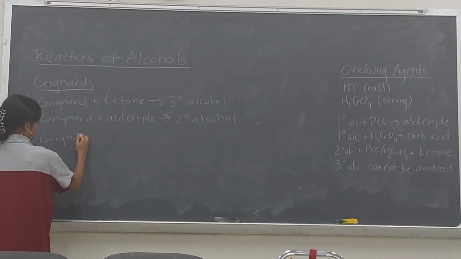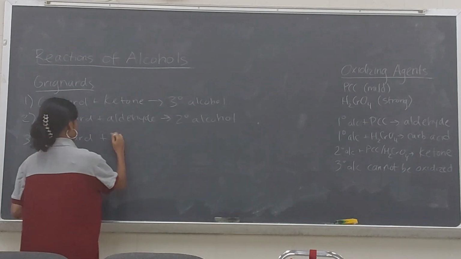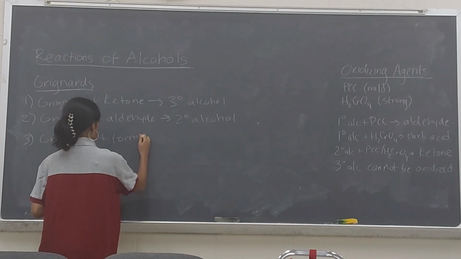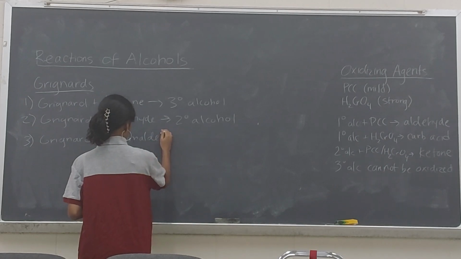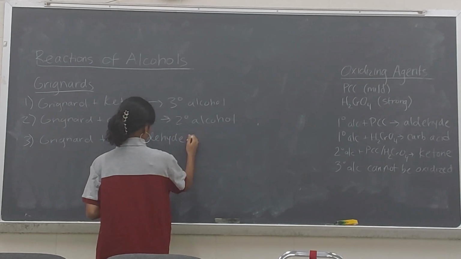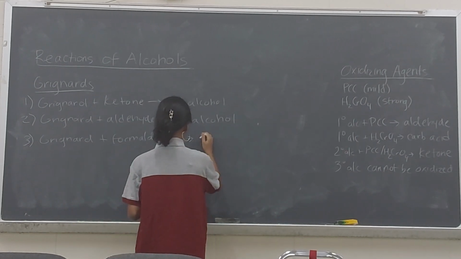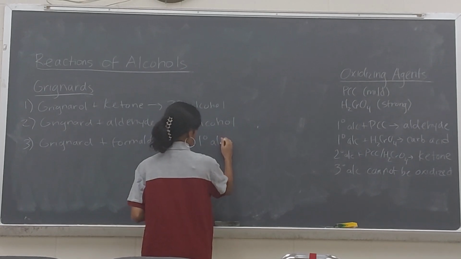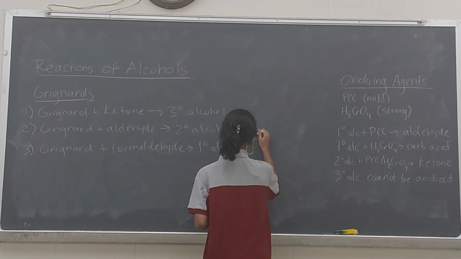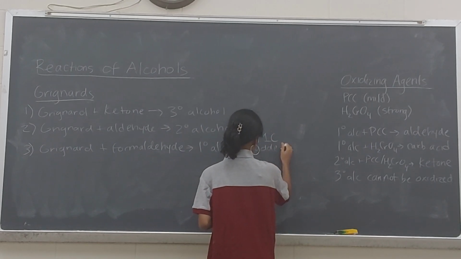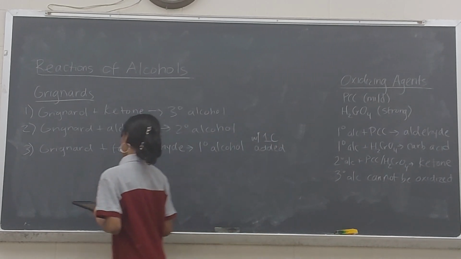Grignard plus formaldehyde, which is aldehyde with just 1 carbon, results in a 1-degree alcohol with 1 carbon added to the Grignard, right, from the formaldehyde.